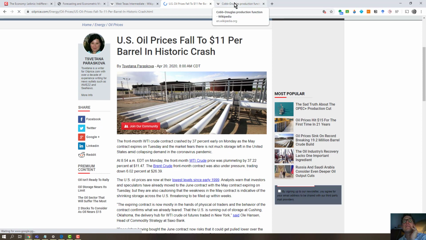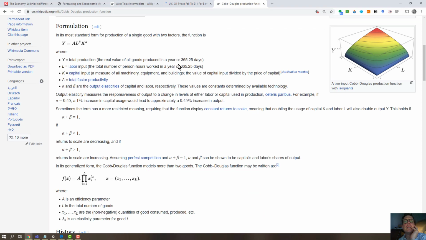But in our Cobb-Douglas function, all of a sudden, one of the key inputs to the productive process has become ludicrously cheap. And what is that going to mean for our productive capacity? Well, this is quite, I think, a fascinating thing to think about. On the one hand, we've got the COVID crisis, which has absolutely stemmed demand, right?